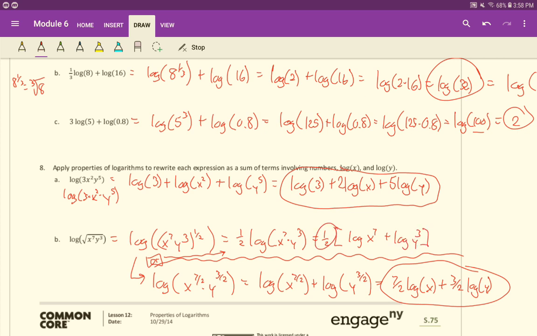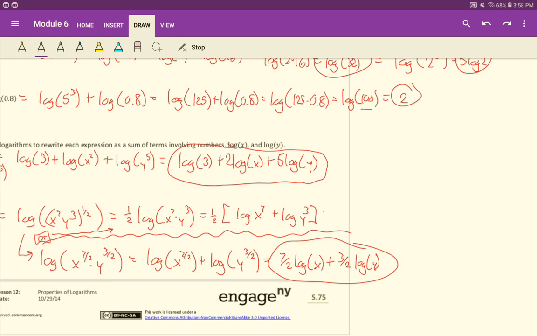You can see here that the 1/2 groups these, that sum together, because it distributes over the whole sum there. And then you can bring that 7 out front and the 3 out front as well. And you'll have 1/2 times the quantity 7 log of x plus 3 log of y.